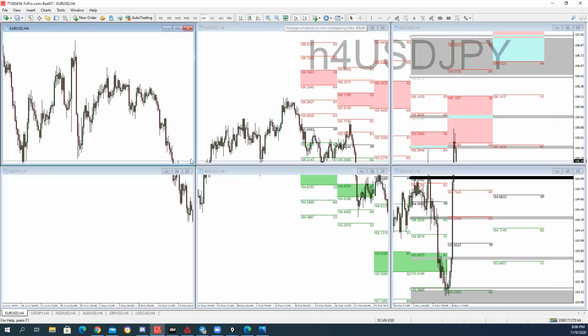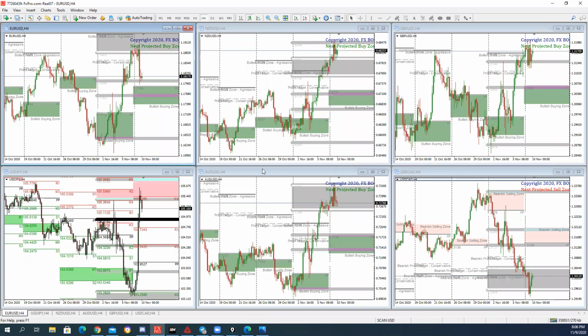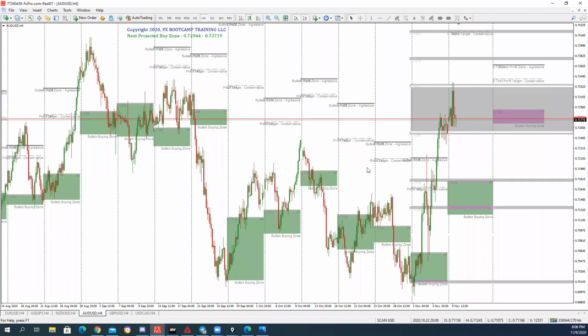So for example, now we are going on Aussie dollar, all right? And Aussie dollar, it will show us bullish. If you're a bull, as I always said, pick a team. It's either you're a bull or a bear.